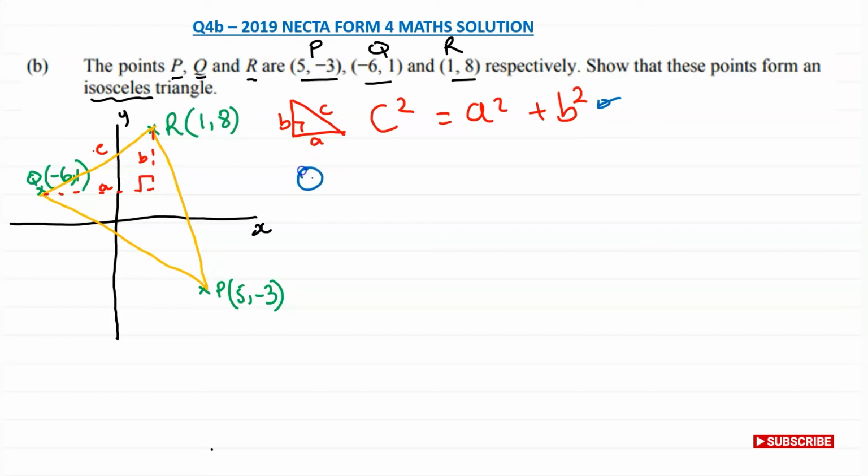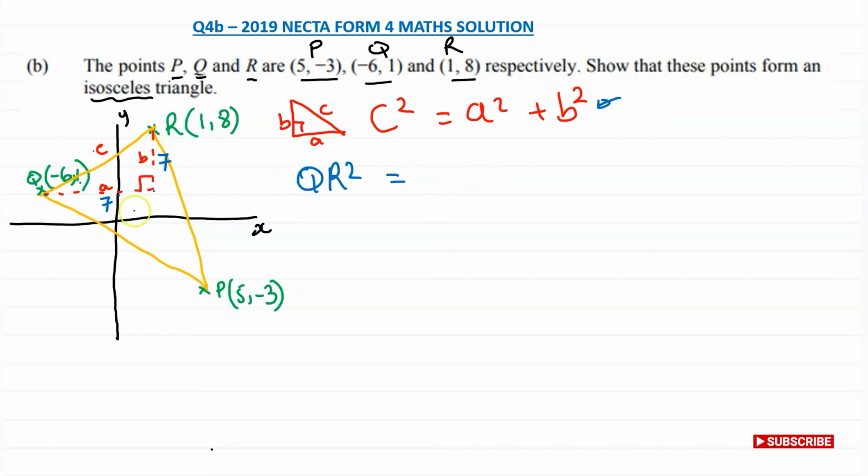So QR squared is going to be equal to what? What's the size of this side? The x from -6 to 1, that's going to be 6 points plus 1 more, so this side is 7. And the vertical started from 1 and ended at 8, so this side is 7.